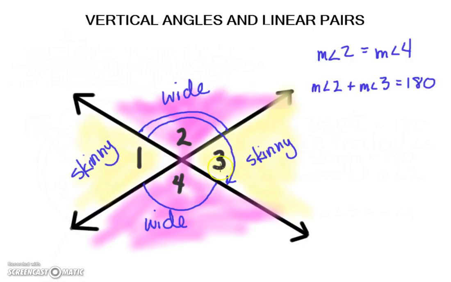So in this one picture, I can write way more than just these two equations. I could write the measure of angle 1 is equal to the measure of angle 3, or I could maybe write the measure of angle 1 plus the measure of angle 2 equals 180 degrees.